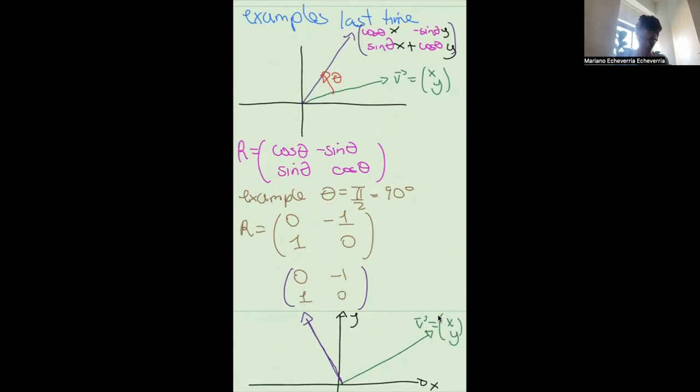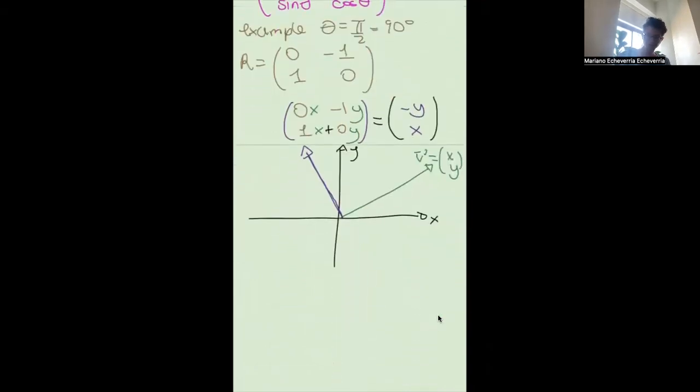And so what does that give you? 0x, you don't need to keep track of it, so you get minus y in the first entry. And then here 1x, that's fine, and then 0y, there's no need to write it. So you get negative y, x.